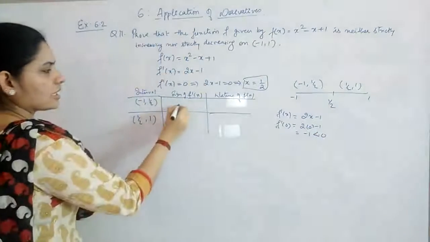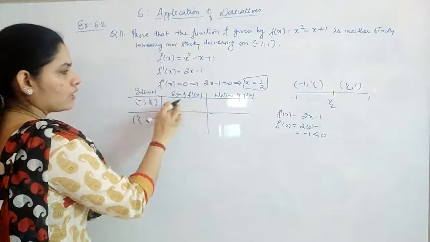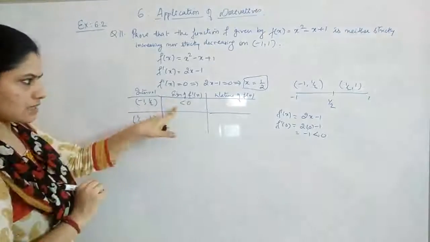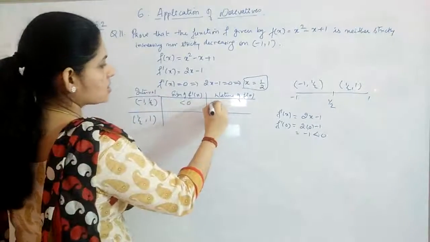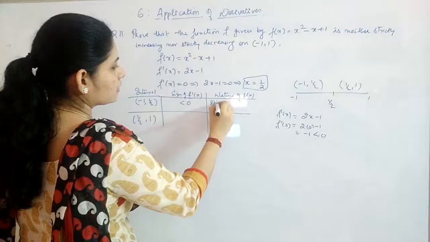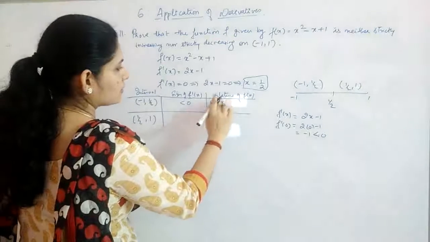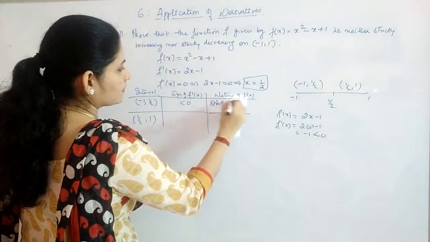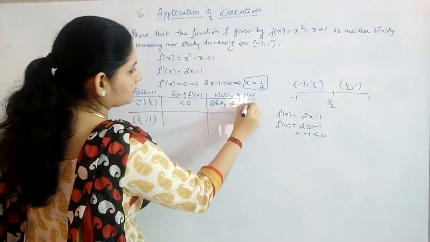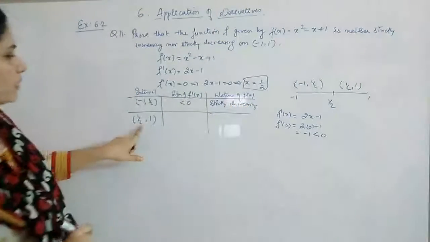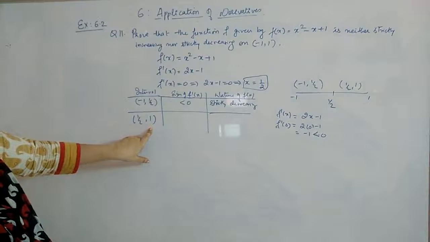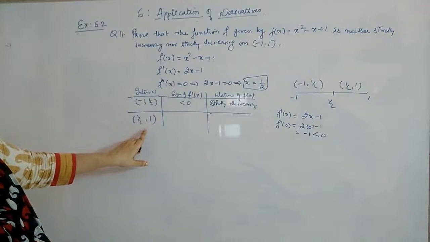Okay, so you can say that the sign is negative, or less than 0, in this interval. So the nature: f is strictly decreasing, right?